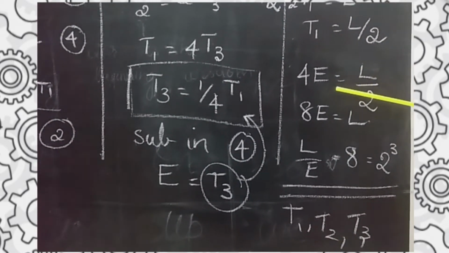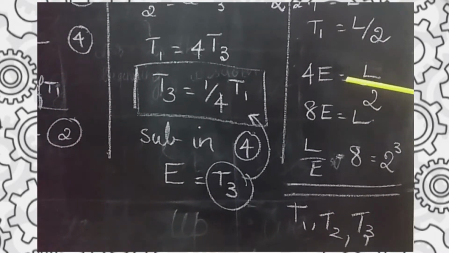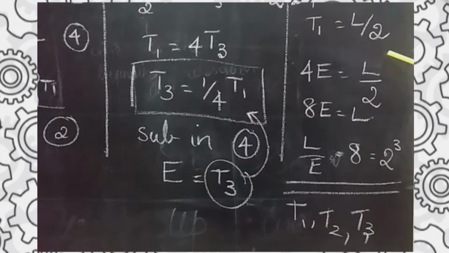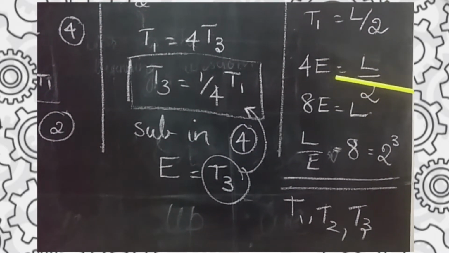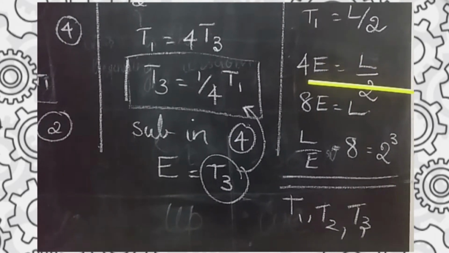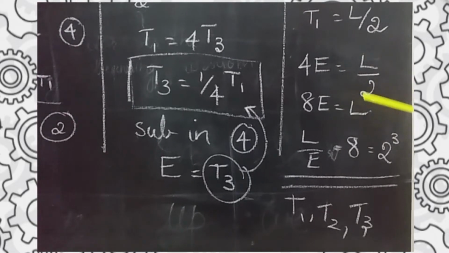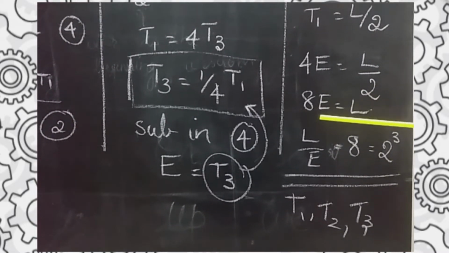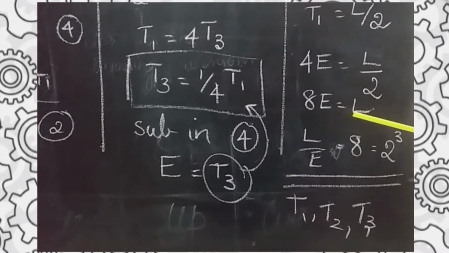And we also got the expression that 4E is equal to T1 earlier. So instead of T1, I am substituting this L by 2. So 4E is equal to T1 now becomes 4E is equal to L by 2. If I cross multiply, it becomes 8E is equal to L. That is, 8 times effort is equal to the load.